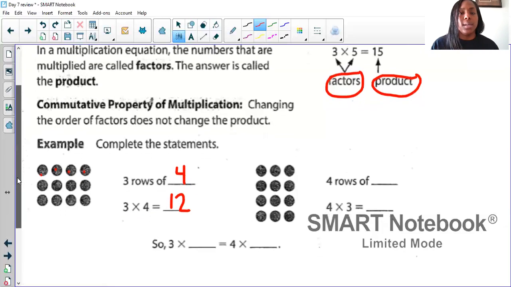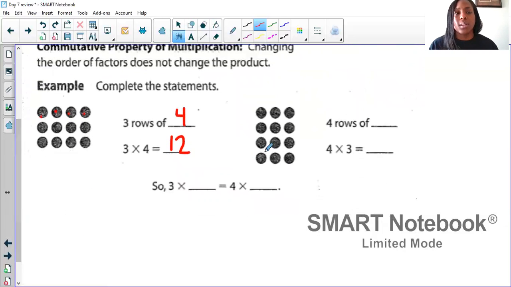But wait a minute. If we take a closer look, all they did was just flip the array. So now I see how many rows? 4 rows. And how many in each row? 3. 4 rows of 3. So 4 times 3 equals 12.